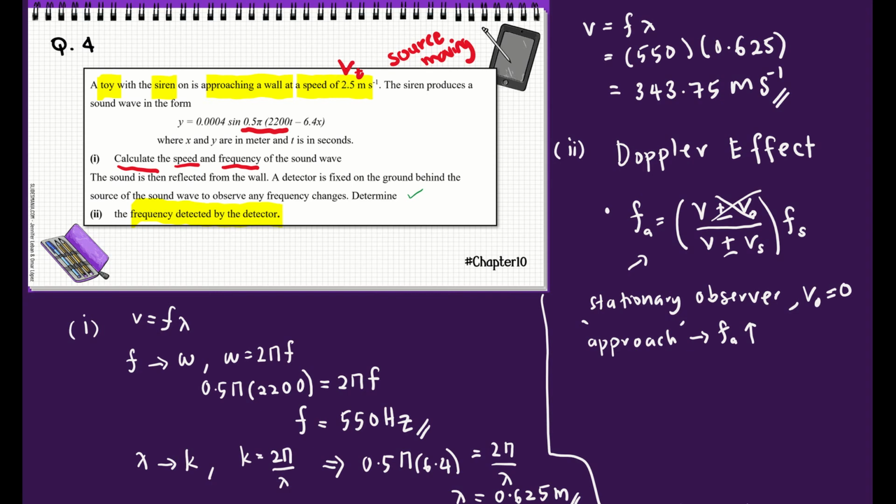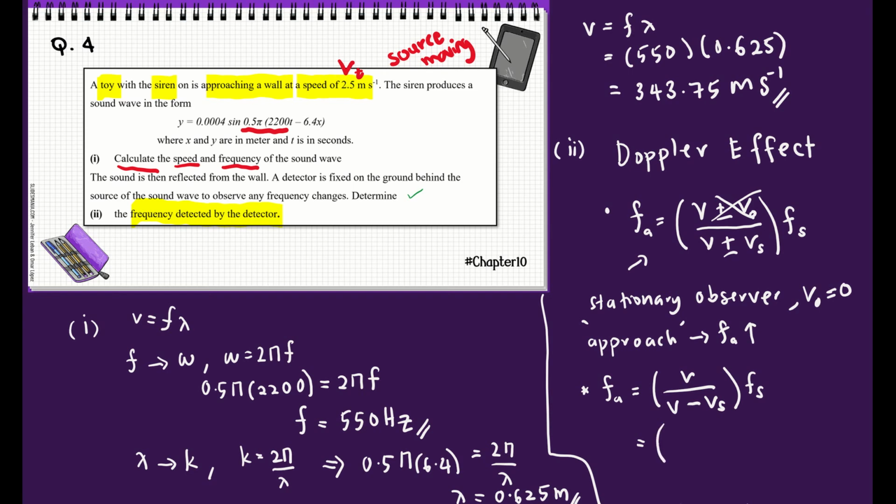The specific equation to be used to solve this question is f equals v of sound over (v minus v of source) times the frequency. So we substitute the values.